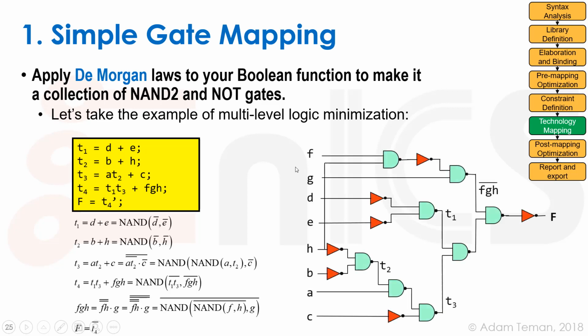And we're going to start applying De Morgan here, and turn each one of these t's into a bunch of NAND gates, or NAND and NOT gates. So we have bars here and we have NANDs. And so we can draw this on the outside as a whole bunch of NAND and NOT gates. So all of this stuff is now only NAND and NOT gates. And it's very important that we get it into NAND and NOT gates.